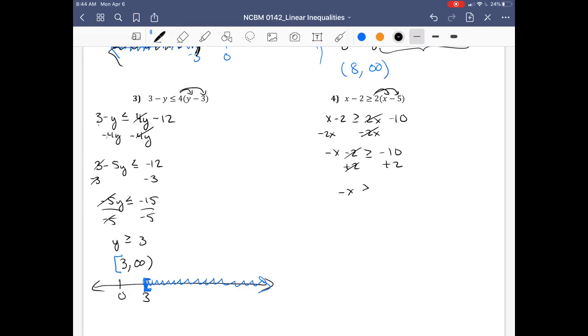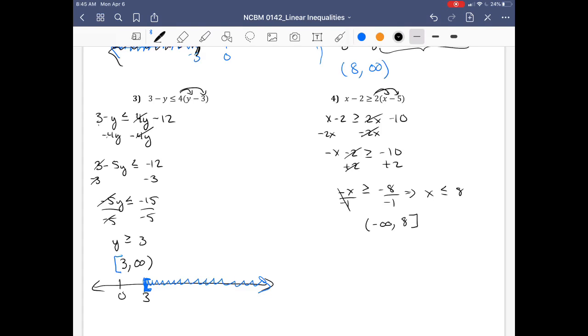So negative x is greater than negative 8, divided by negative 1. Then I have x. I almost made the mistake that I told you not to do. Positive 8. So this is showing me that my solution is from negative infinity all the way to 8.